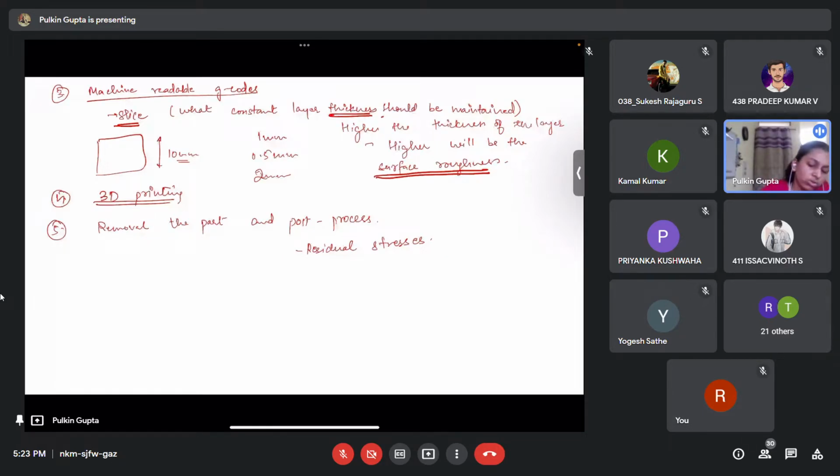Certain software is available, like Prusa Slicer or Ultimaker, which are free to use, or Slic3r. These are some software that you could use directly.